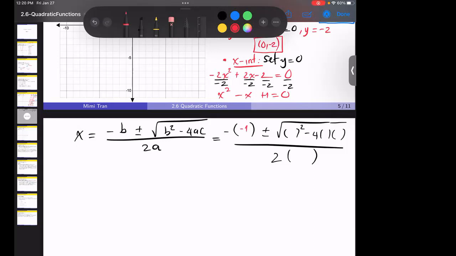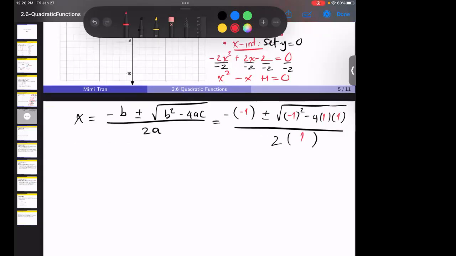Negative 1, negative 1, 1, 1, 1. Now it becomes positive 1 plus or minus something over 2. Negative 1 squared is positive 1, minus 4, that's negative 3, right? Do you have a real solution?